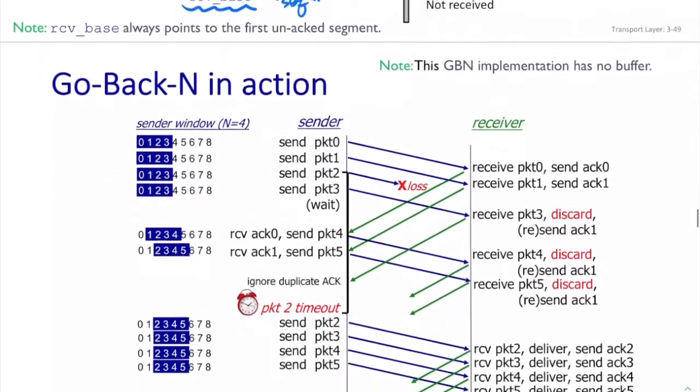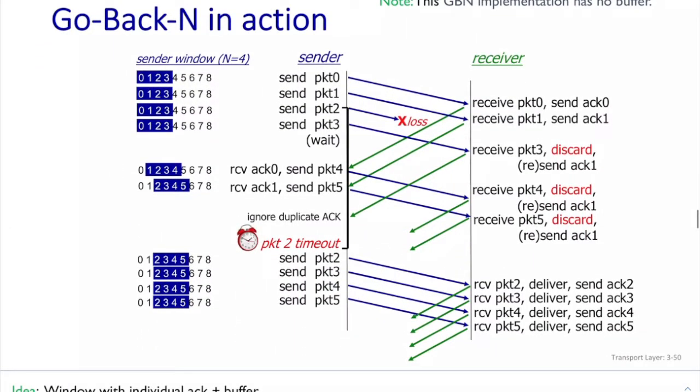So here again, I'd like to show you an example. Now you know how this window works, right? At the first place we have a window size of 4, and we send the first packets 0, 1, 2, 3, and at this moment all the packets in the window are in yellow.